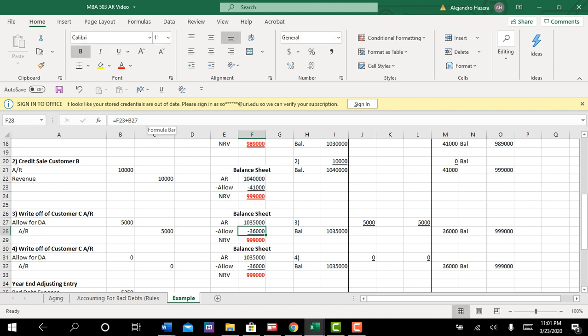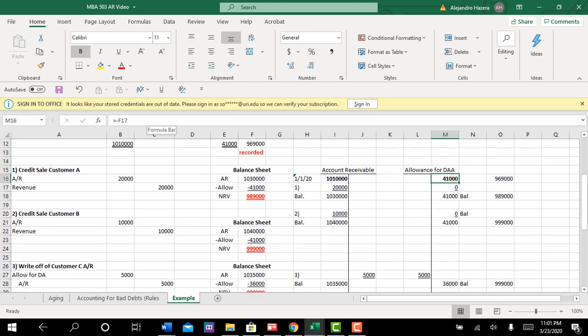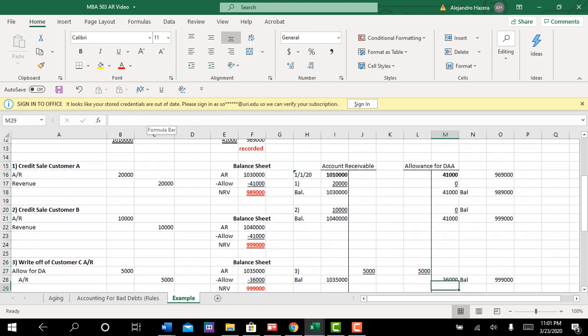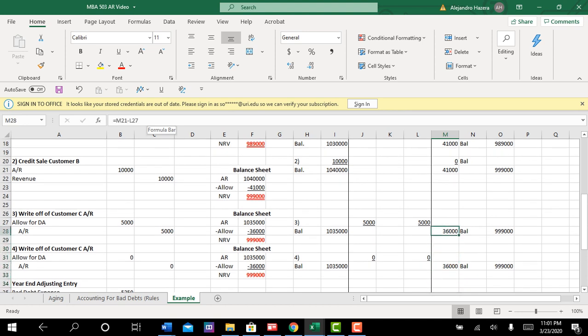The other thing you do is debit the allowance account. Notice that unlike credit sales, in this case the allowance account actually goes down. Up to now the allowance account has had a credit balance of $41,000. It hasn't changed, but now it changes.